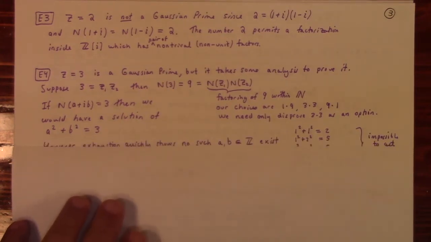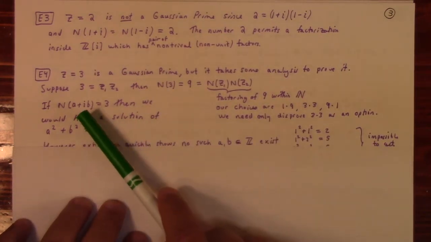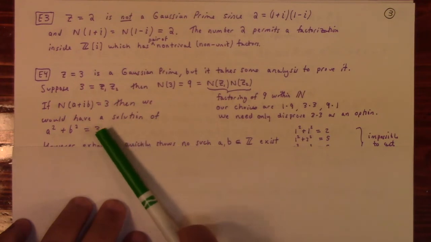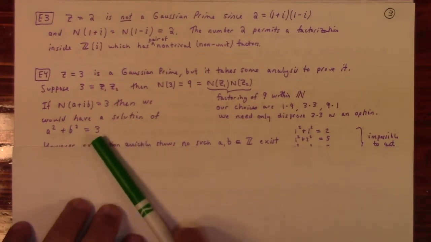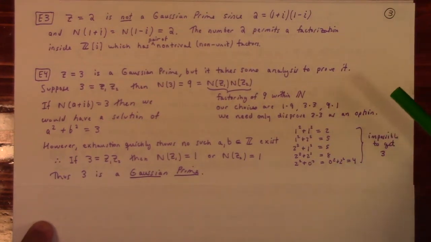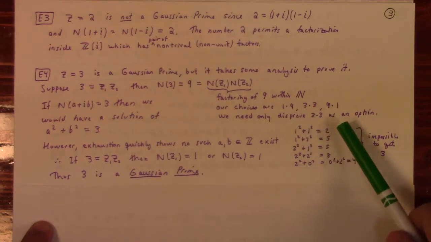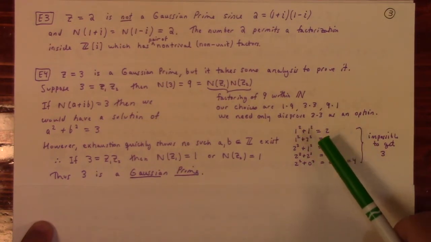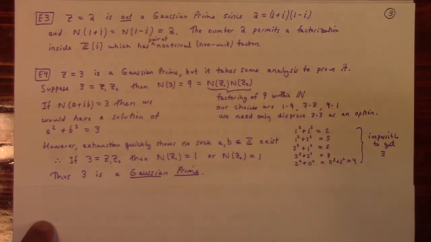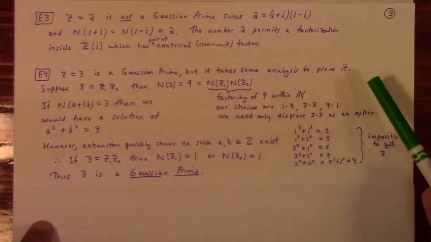In other words, we need to explain why it's not possible to have a plus ib with norm equal to 3. So we'd have to solve a squared plus b squared equals 3. And if you sort through that, it just isn't possible. Just look at the plausible numbers: 1 squared plus 1 squared is 2, 1 squared plus 2 squared is 5, 2 squared plus 1 squared is 5, 2 squared plus 2 squared is 8, 2 squared plus 0 squared is 4, and it only gets worse from before or after that.